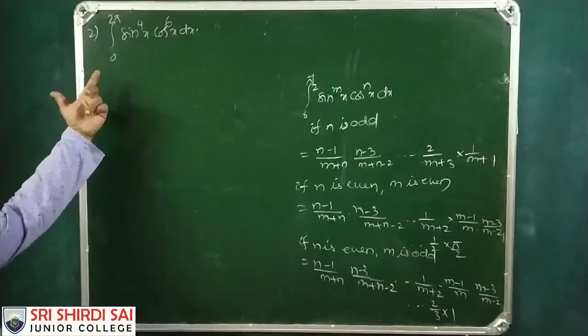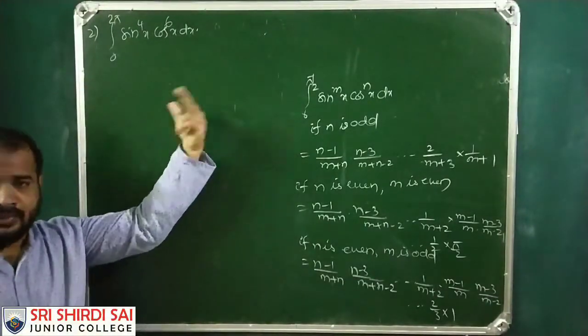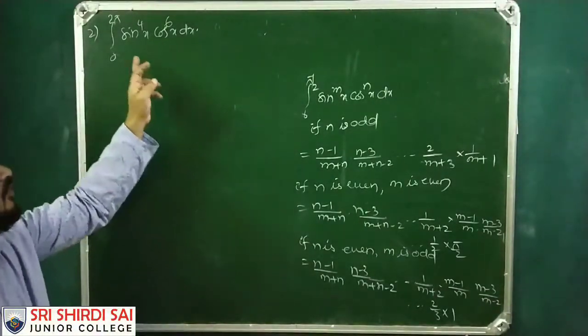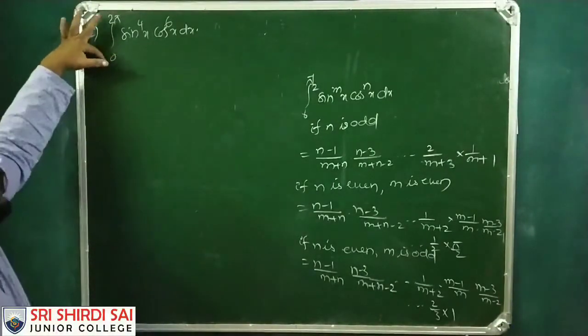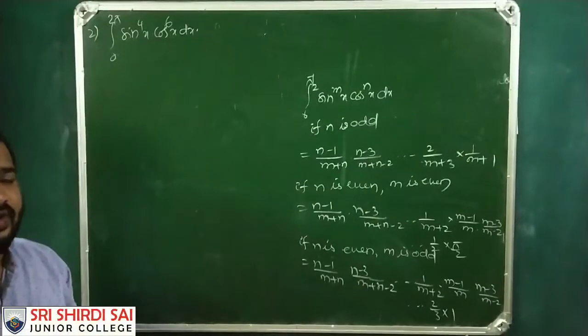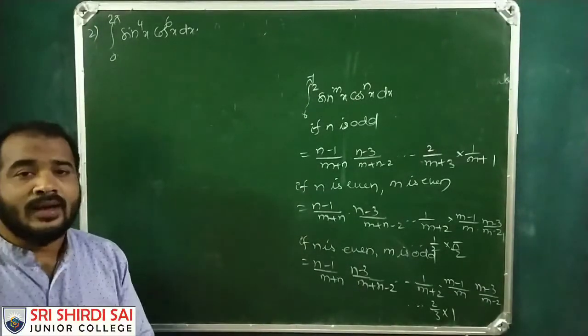So this is not in our regular limits. The reduction formula for sin power m x into cos power n x dx limits is 0 to pi by 2 only, not 0 to 2 pi. Therefore we have to apply a property.